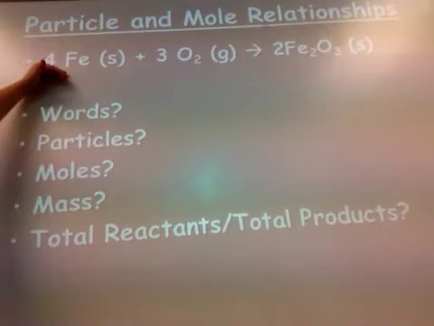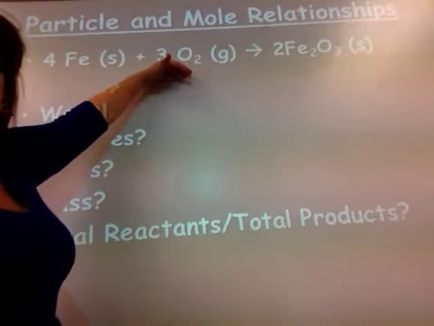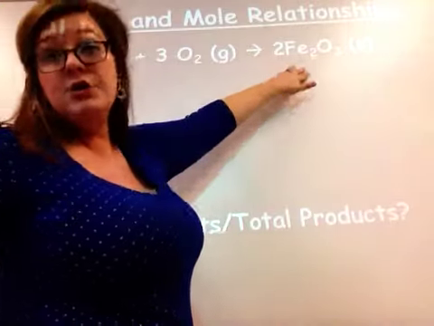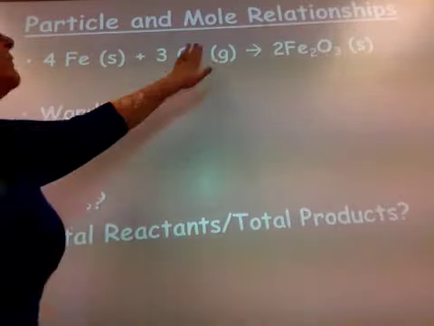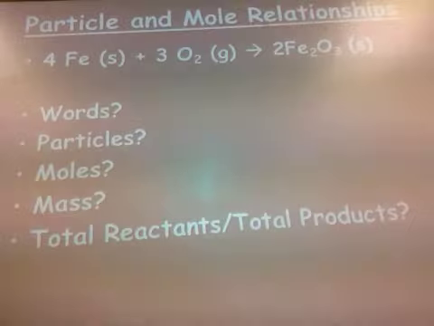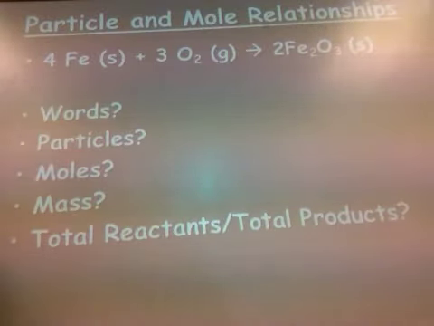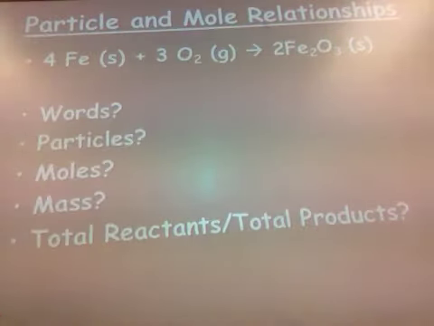So again, 224 grams of iron reacting with 96 grams of oxygen, producing 320 grams of iron 3 oxide. So that tells me how much mass each one of these have. And all I did was I found the mass using my periodic table, and then I needed to multiply that by whatever coefficient was in front because it tells me how many of each one I have.